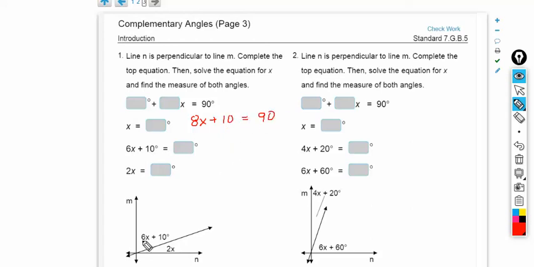Again, I got the 8x because I added 6x plus 2x. Then I'm going to subtract 10 from both sides. That's going to leave me with 8x equals 80. Divide both sides by 8. That cancels, leaving x. 80 divided by 8 equals 10.